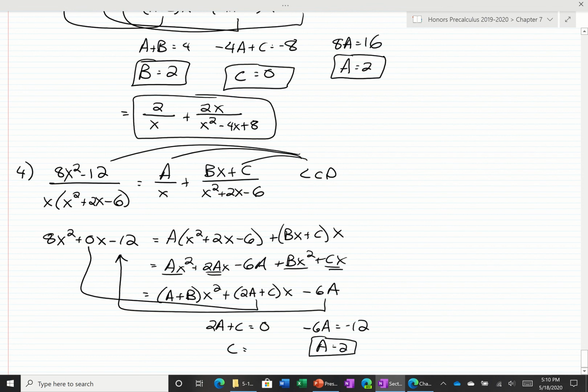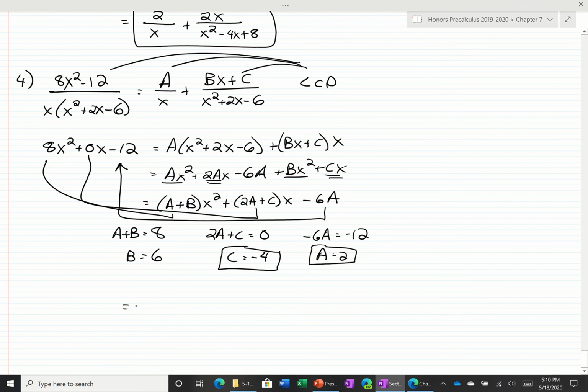So that means that c is equal to negative 4. And a plus b would have to equal 8. So if a is 2, b is equal to 6. So tying this all together, our decomposition would be 2 over x plus (6x minus 4) over (x squared plus 2x minus 6).